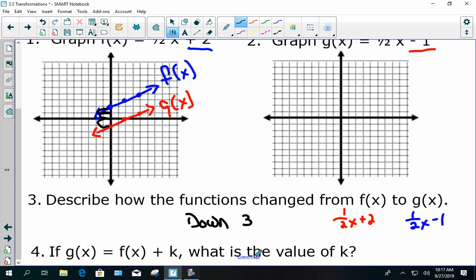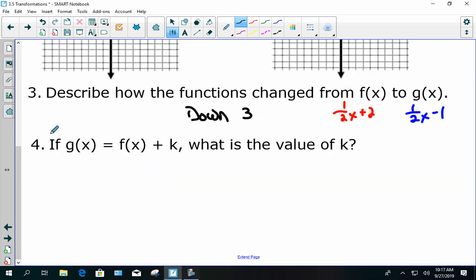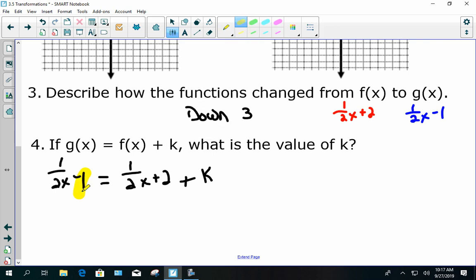So, if g of x is 1/2 x minus 1 equals f of x, which is 1/2 x plus 2, plus k, what is the value of k? How do I make these two equations equal?